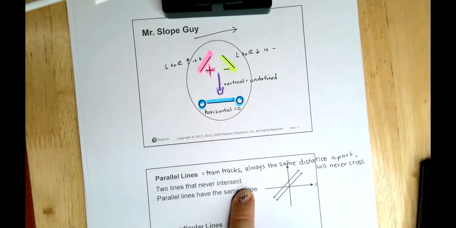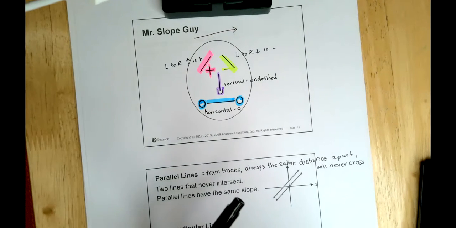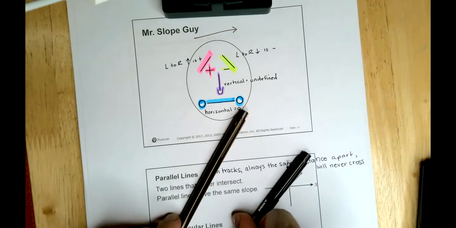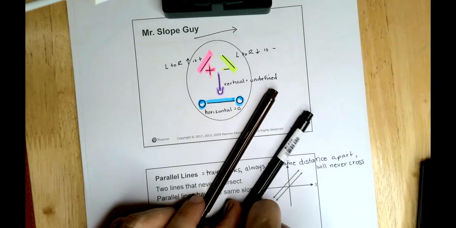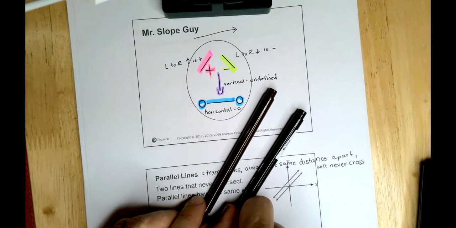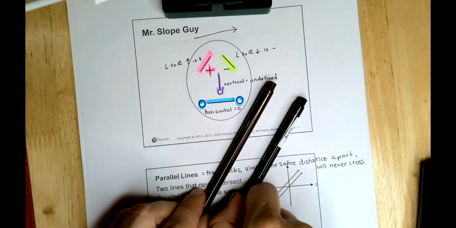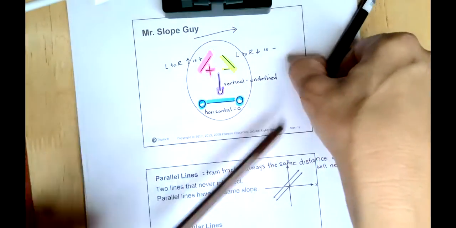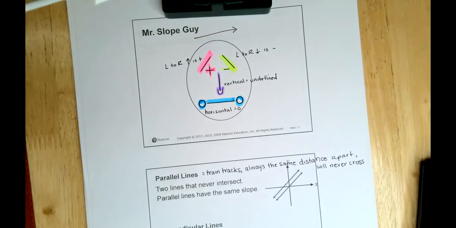Two lines that never intersect or cross and have the same slope stay the same distance apart. If their slopes were different at all, eventually, as I went further and further off into space, they would cross. So they have to have exactly the same slope.